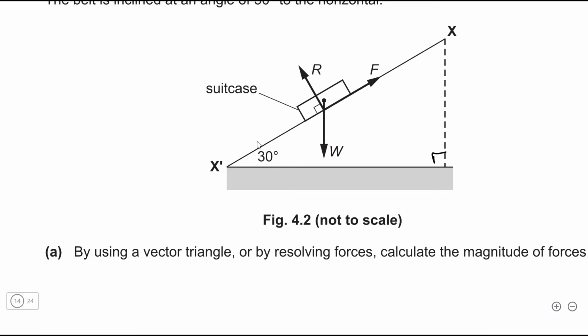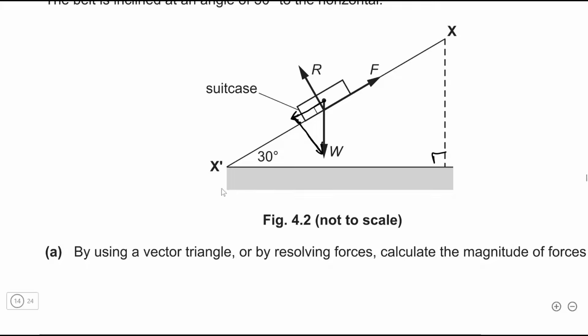So we can think of this weight force as having a component which is going to push our suitcase down the slope, so that would be parallel, like so, and it will also have a perpendicular component at 90 degrees, just as shown. Now, if our suitcase is in balance, this component will be equal to R, and this component here will be equal to F.